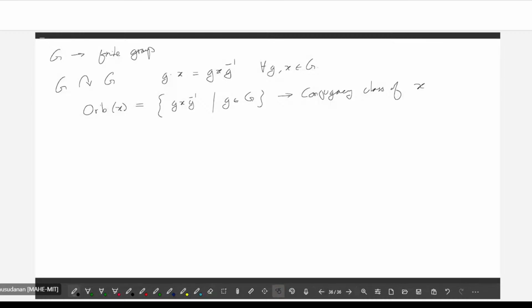I think we saw this before also. So the conjugacy class of x is the set of all conjugates of x. What is the stabilizer of x? That is the set of all elements g of G such that gxg^-1 is equal to x itself. This is what we call the centralizer of x in G.